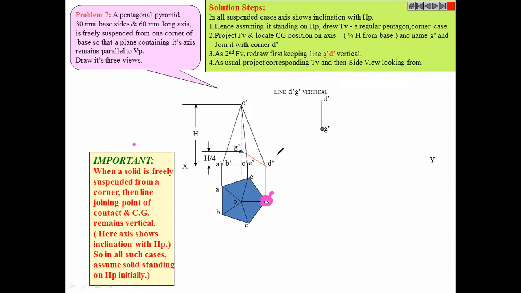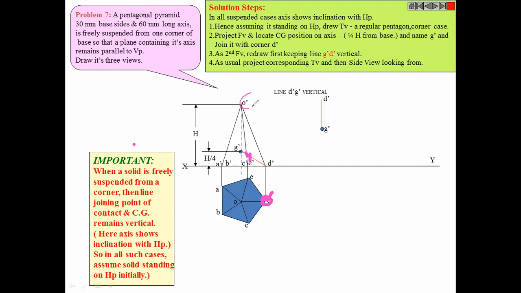Everything will remain as it is. First of all, you draw one vertical line same in length as this line. Then you regenerate everything around it. You know this distance, you know this G, you know the DO distance, so we'll mark that. You know the GO distance, so you will mark that.